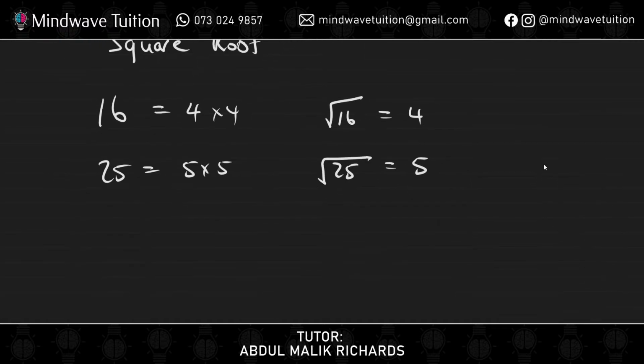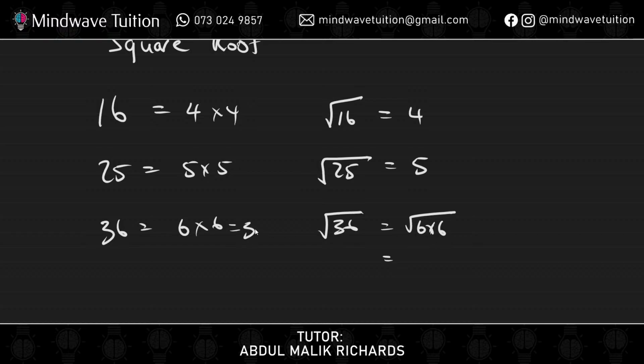If you wanted to, you can also do it like this. So let's take 36, which we know is 6 times 6. So the square root of 36 is going to be the square root of 6 times 6, because we know that's what 36 is. And 6 times 6, we know in exponential form, is 6 to the power of 2. So this will be 6 to the power of 2 under a square root.